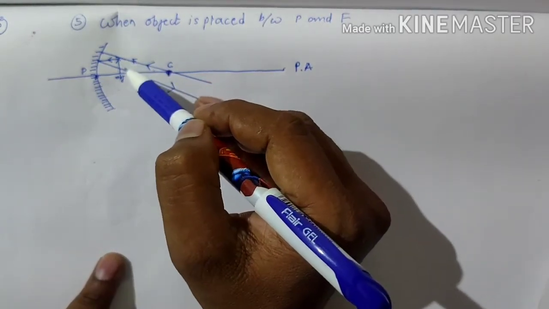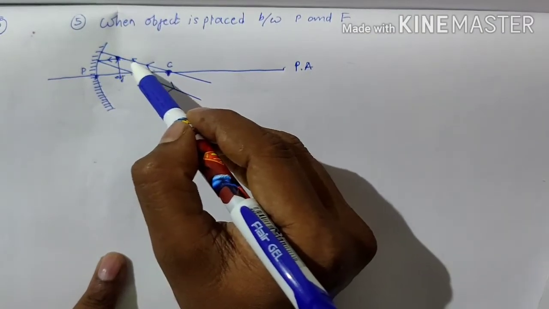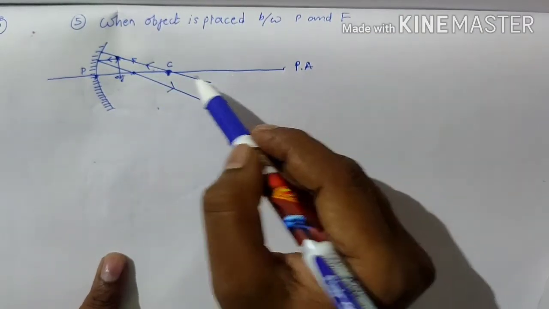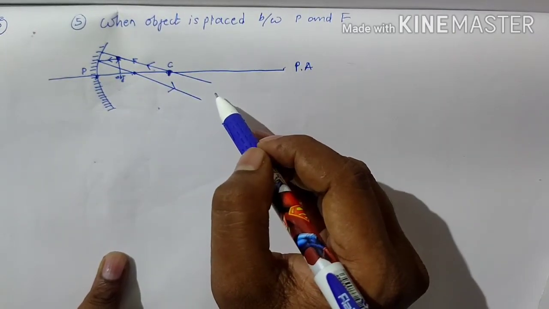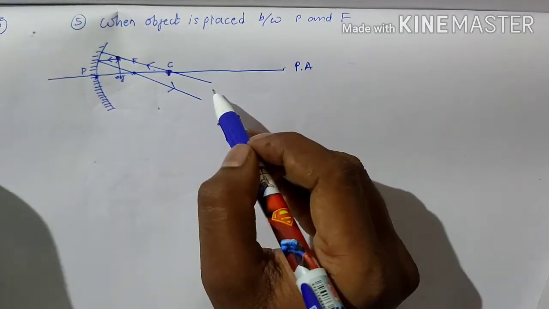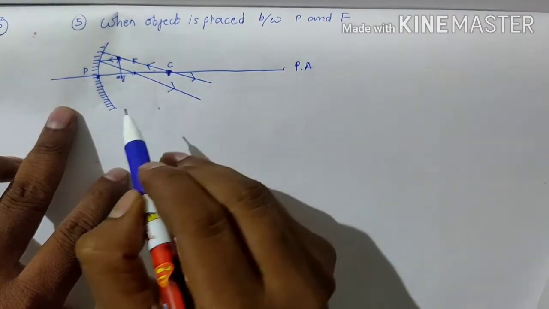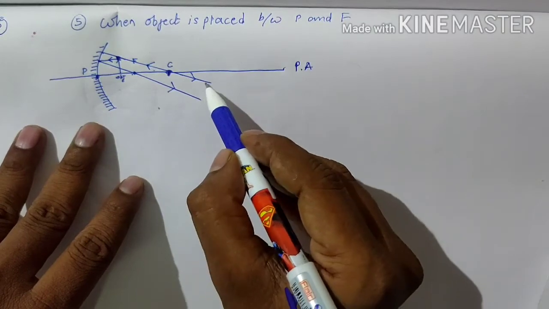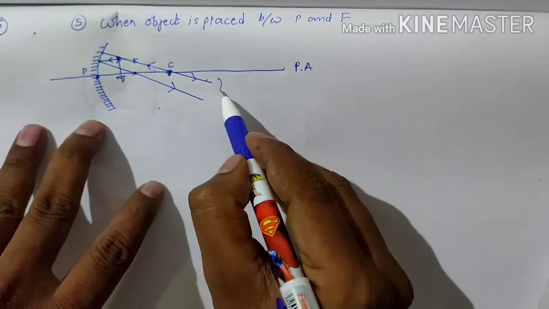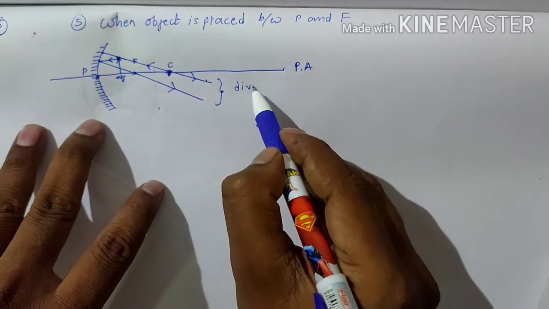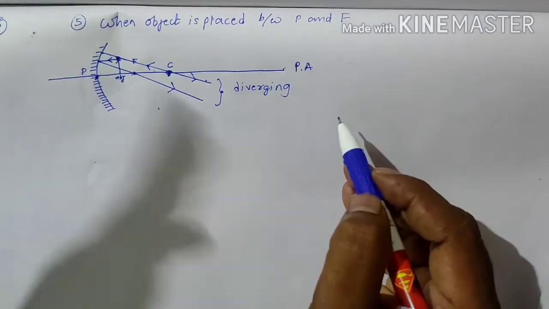You know that any ray passing through the center of curvature is normal. If any ray is incident normally, it will be reflected back along the same path. If you observe these two rays, this is the first reflected ray and this is the second reflected ray. These two rays are diverging. That means they do not meet at any point.